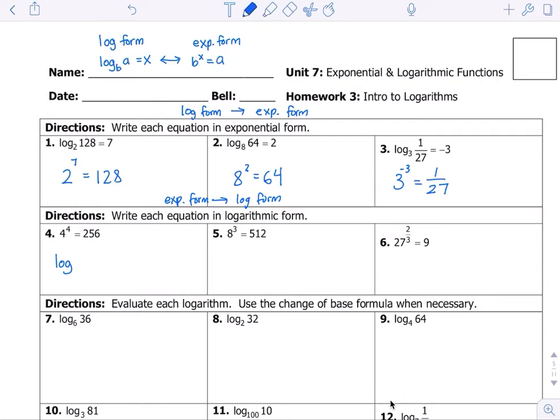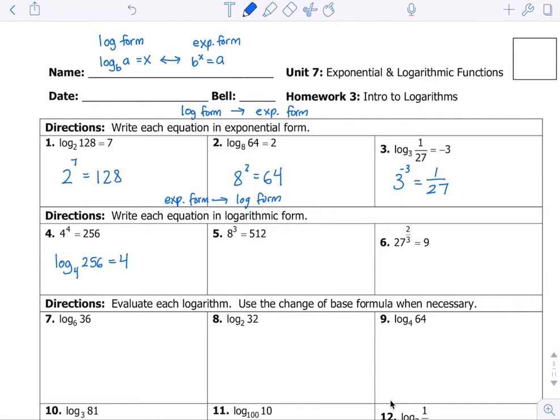So we're going to get log base 4, because that's the base, and the argument is 256. And that's equal to the power, which is 4. And there's log form.